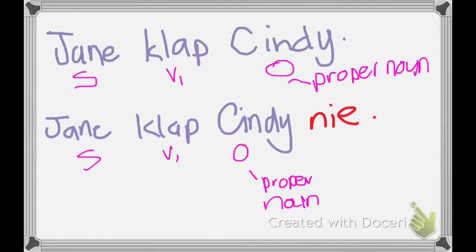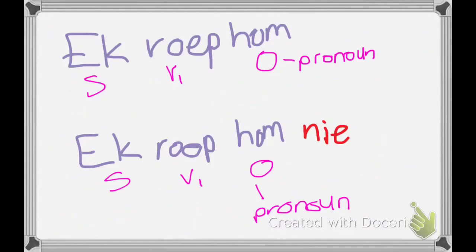Now can you see that Cindy is a proper noun and it comes directly after the verb 1. So now we're going to say that because there's a proper noun there, we're going to put the nie after the proper noun. Not after verb 1, after the proper noun. Okay, here's another really simple one.